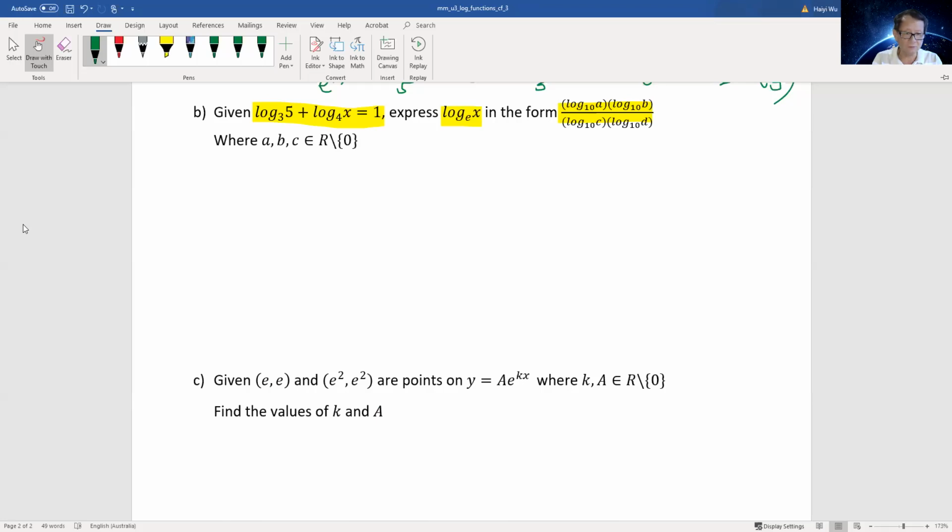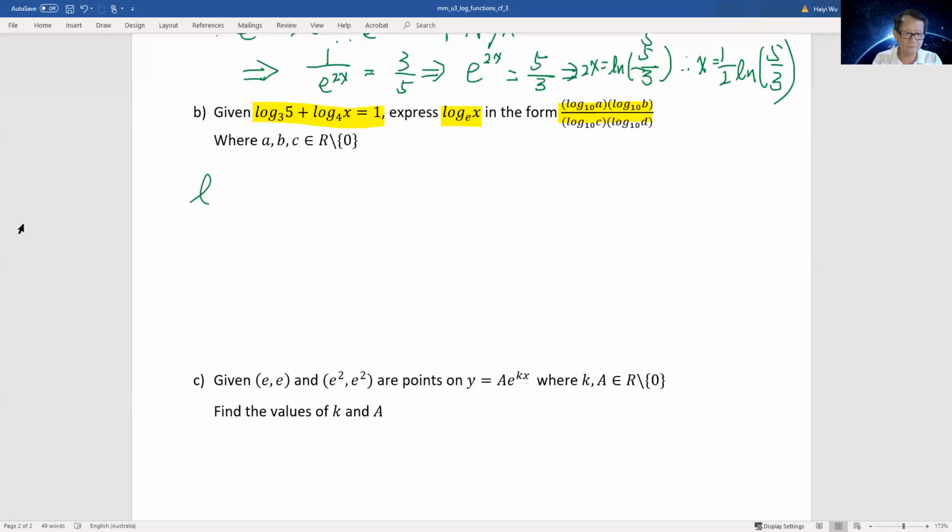So let's change log base e. I'm going to change e base log to 10 base log first, using the change of base formula.